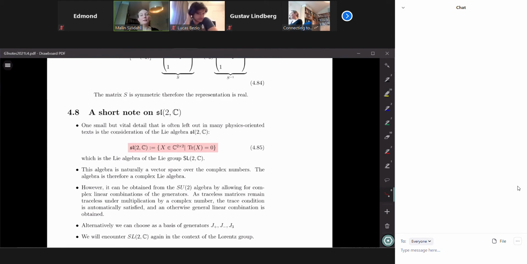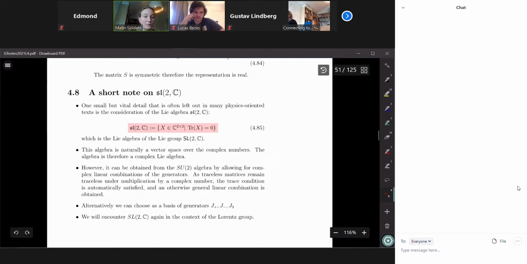But the tracelessness property, as in determinant 1, which at the generator level translates to the generator being traceless, that condition still remains, because if you take a traceless matrix and you multiply it with a complex number, it's still a traceless matrix. So SL2C can then be generated using complex linear coefficients, but otherwise the same generators as SU2.